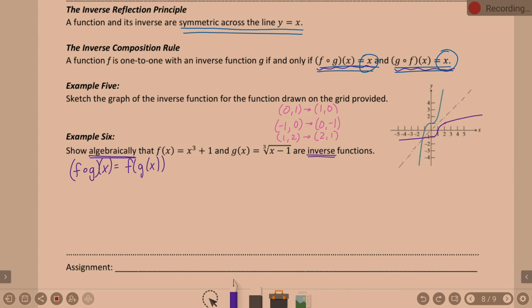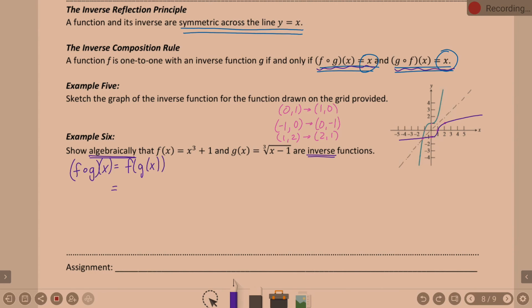Recall f of g of x means I'm going to take whatever g is and plug it into f. Are we getting better at this? So f tells me to do something cubed plus 1. That's my outside shell. G is what I'm going to plug in.